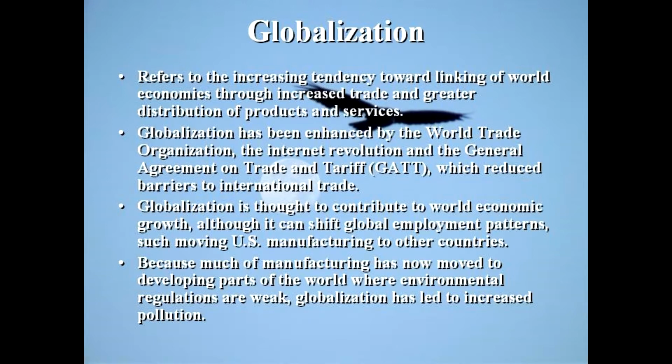There is an enormous amount of movement of materials about the planet, more so than ever in history. So all of the world's economies are now linked by this global interchange of goods, services, and so on.